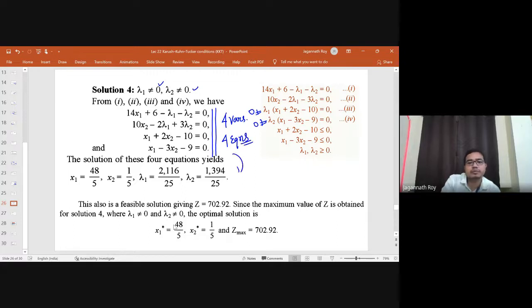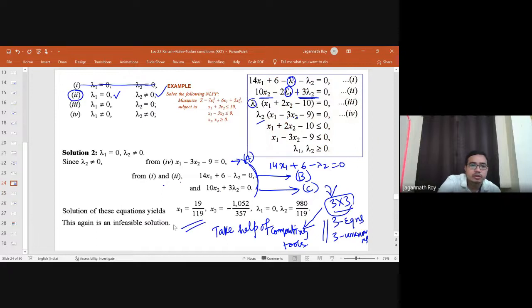Again, we take help of computing tools and then try to find out the solution. In this situation, we can find that the z value becomes 702.92.